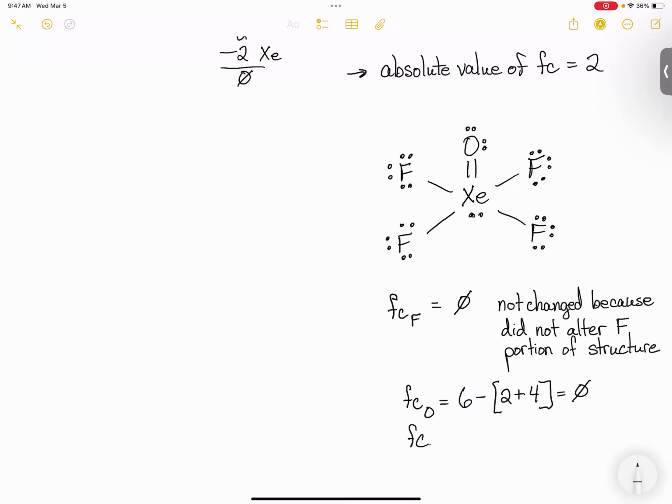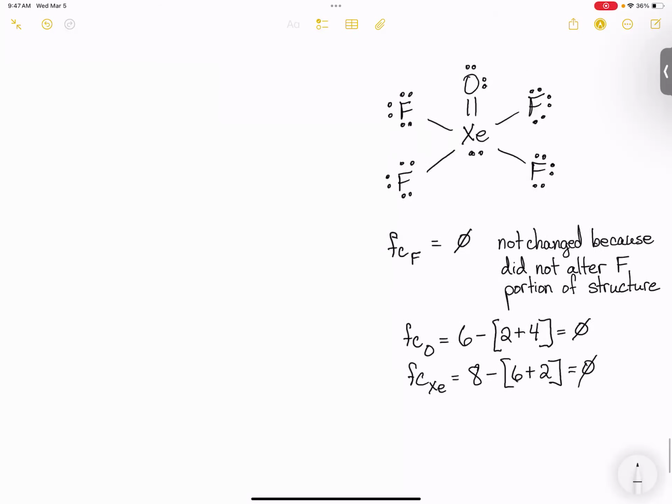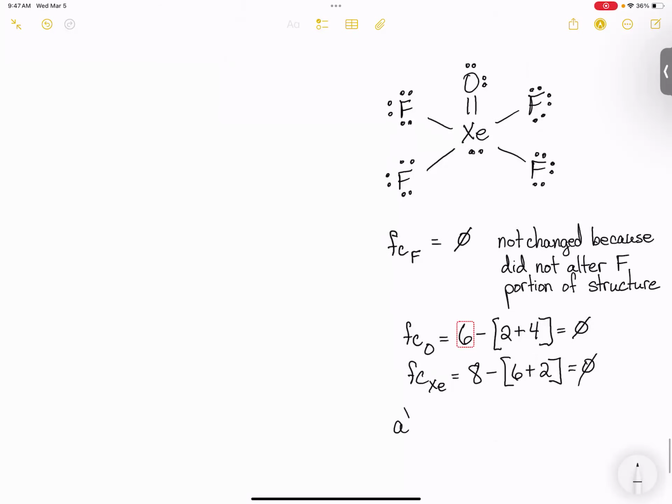The formal charge on our xenon, it has 8 valence electrons minus 1 for every bond. It now has 6 bonds, plus 1 for every dot. It has 2 dots. So the formal charge on our xenon is 0. So the absolute value of formal charge is now equal to 0.